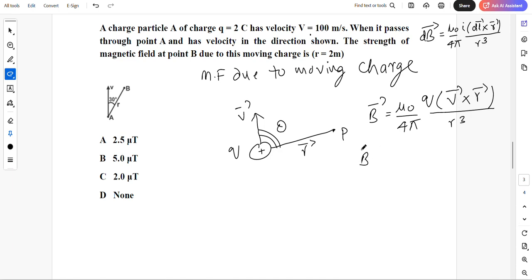Now the same vector B is equal to mu naught by 4 pi, q v r sin theta by r cubed.